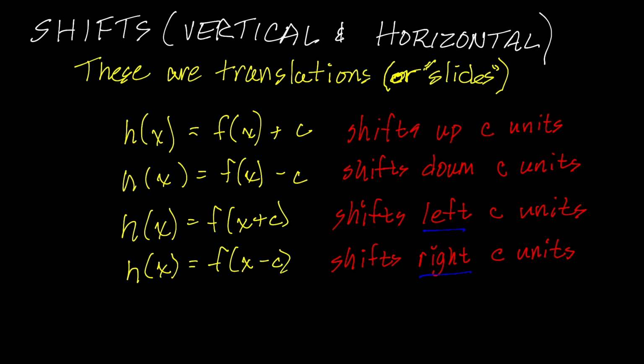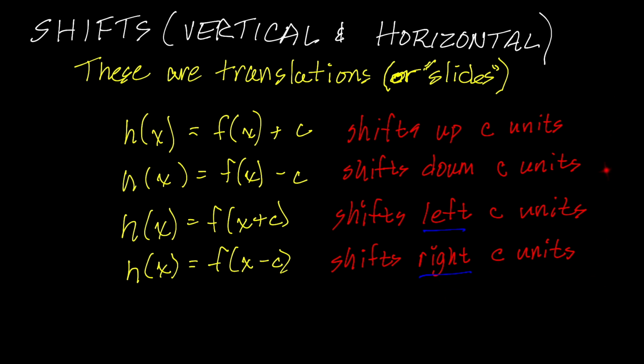If I subtract c, that shifts me down c units. If I'm inside the parentheses of the function, this is counterintuitive, but the plus c actually moves it to the left. That's why I put an underline in there. It moves it to the left c units. And when we have a minus inside the function, we're shifting to the right c units.